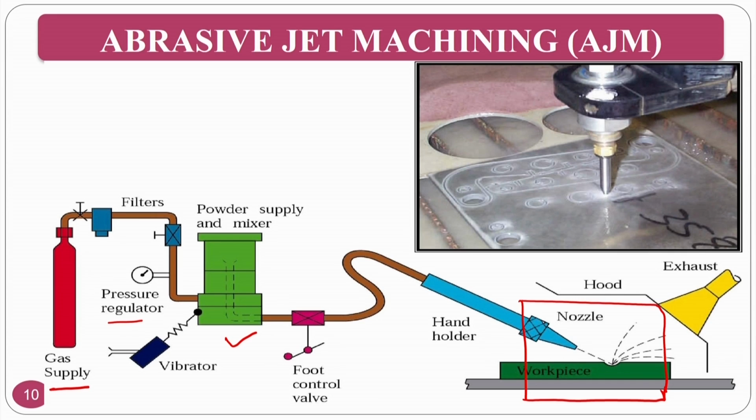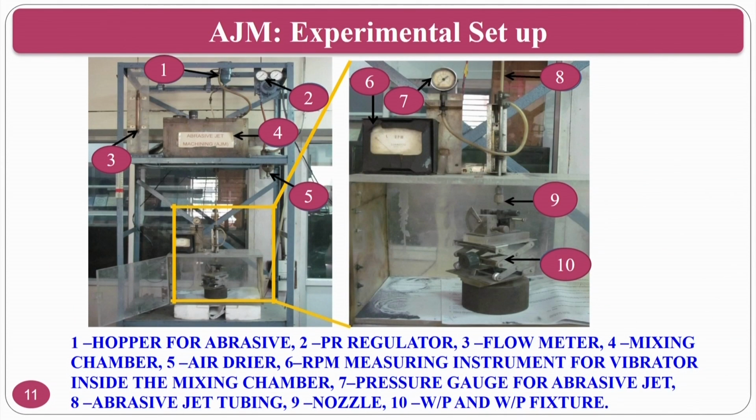So practically you can see how the cutting action takes place by abrasive jet machining. The same thing you can see here. This is the nozzle and this is the machining. The box shown in the schematic is clearly shown in the experimental way. This is one of the experimental setups practically developed at IIT Kanpur, and I am very thankful to the professor who developed this at IIT Kanpur.